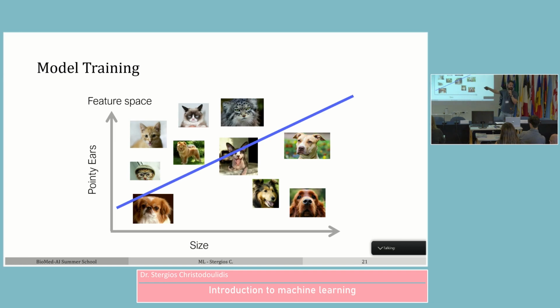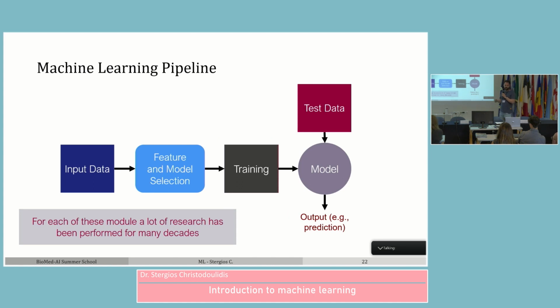If it is above this, it's a cat. Okay? In very simplistic terms, this is the overall pipeline. And of course, for all these different components, there has been a lot of research throughout the last decades, even more, on how you can actually represent data, in what form you represent different types of data.